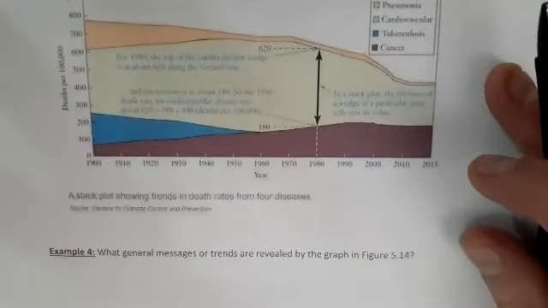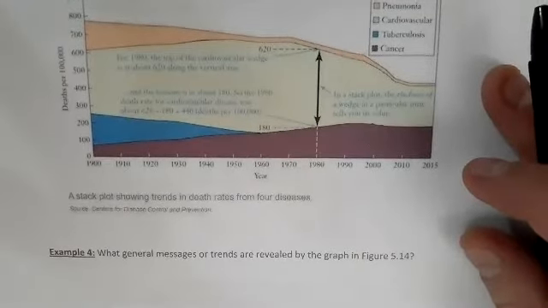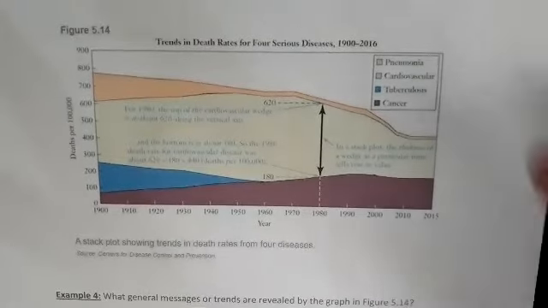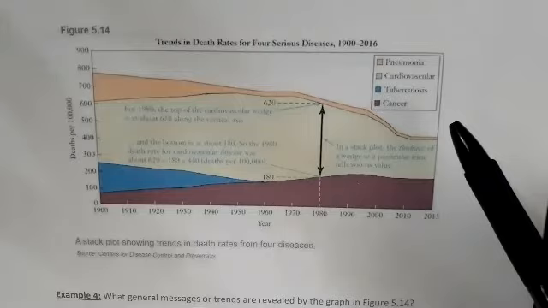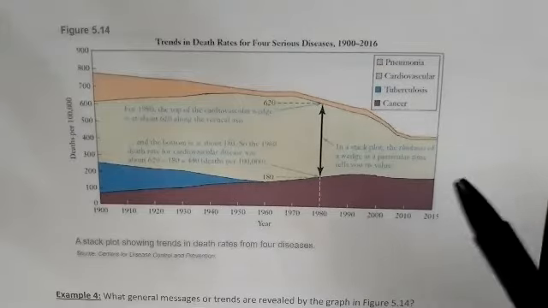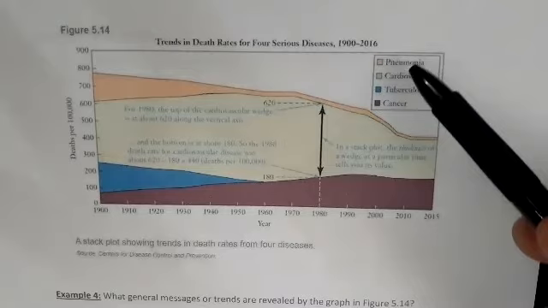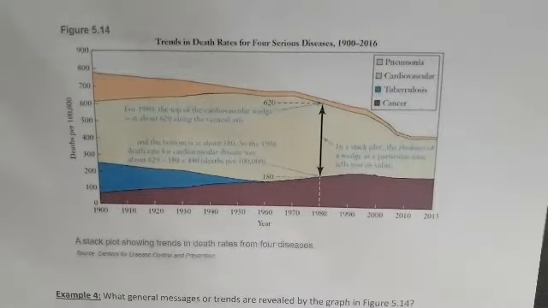So what general messages or trends are revealed by the graph in figure 5.14? It briefly says what this is. This is trends in death rates for 4 serious diseases. So whether we're doing pneumonia, cardiovascular, tuberculosis, or cancer, we can look at these things.